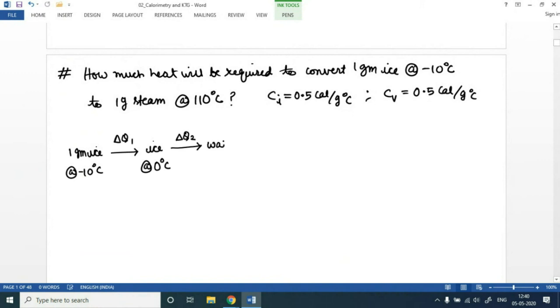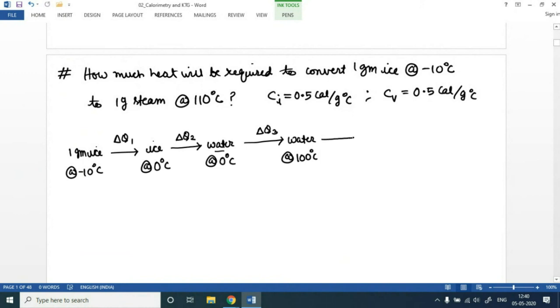So after adding delta Q2 amount of heat, we will have water at 0 degrees Celsius. Now, if we add further heat, let's say delta Q3, then the temperature of water will change from 0 degrees Celsius to 100 degrees Celsius, which is the boiling point of water.